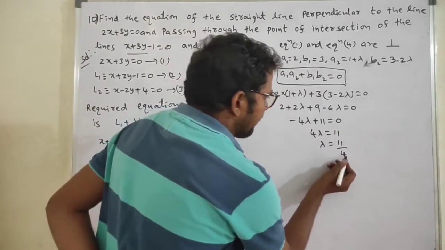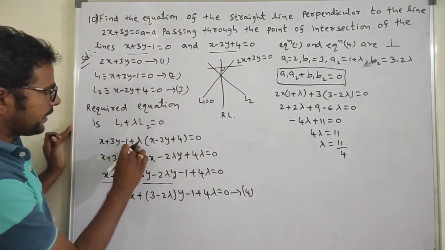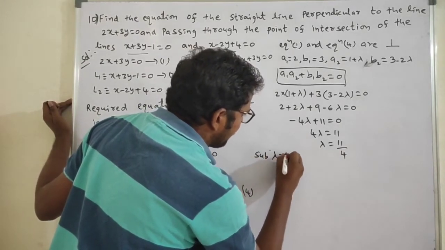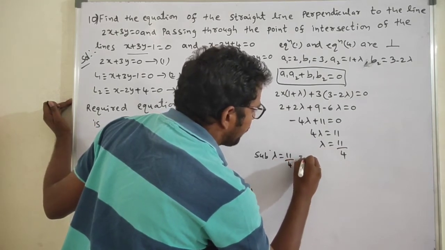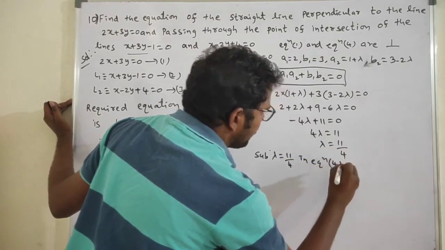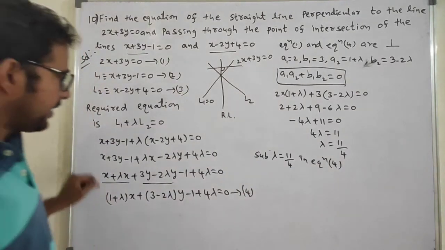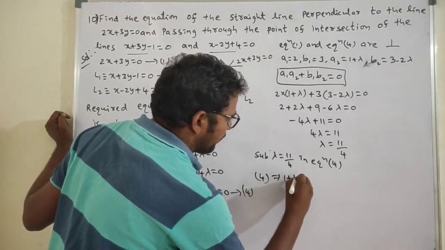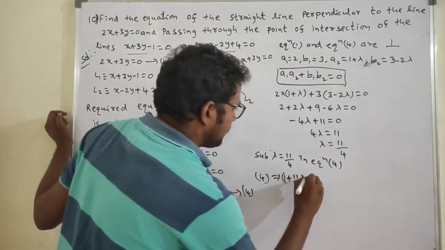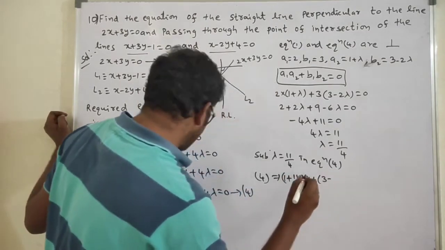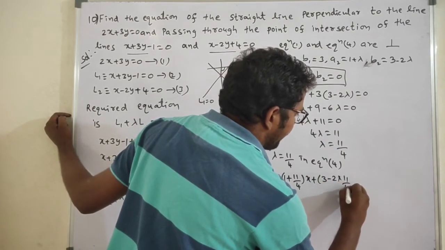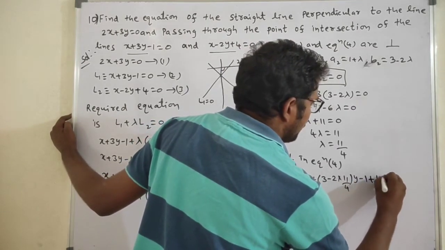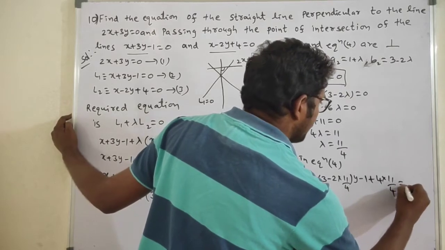Now substitute lambda = 11/4 in equation 4. Then (1 + 11/4) x + (3 - 2 times 11/4) y + (-1 + 4 times 11/4) = 0.